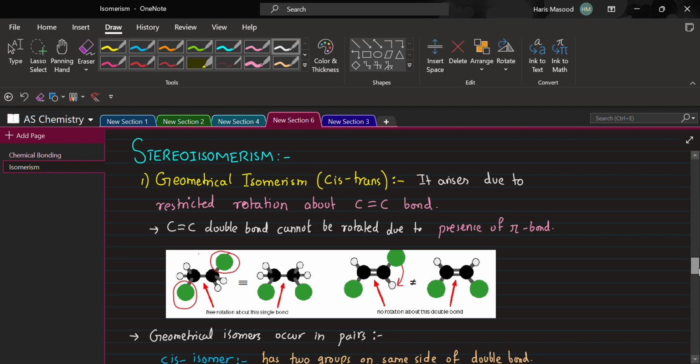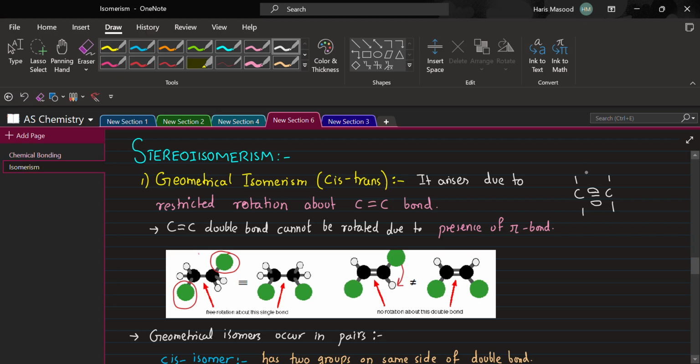What is written? It arises due to the restricted rotation about a carbon-carbon double bond. Carbon to carbon double bond rotation is restricted. Why? Because if you remember in chemical bonding, it was a lobe type structure, so this does not allow the rotation.